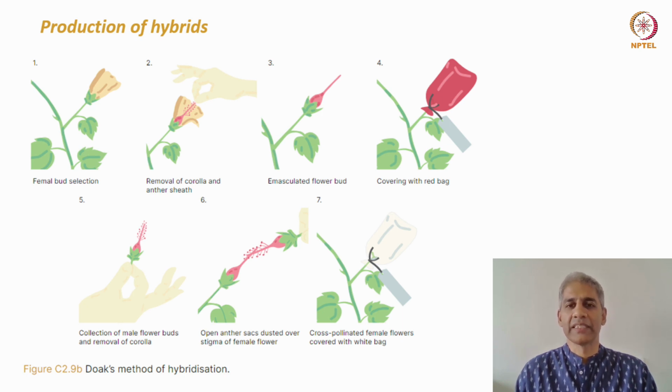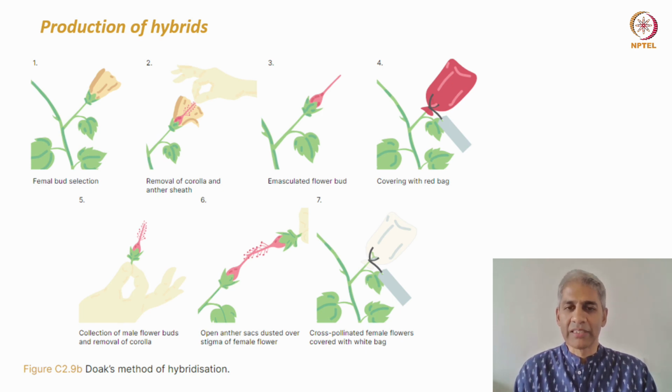And then you have this emasculated flower bud over which you put a red bag just to signify that this process has been done. Then you choose a male plant and you again take out the corolla, so you're just left with the male flower buds.